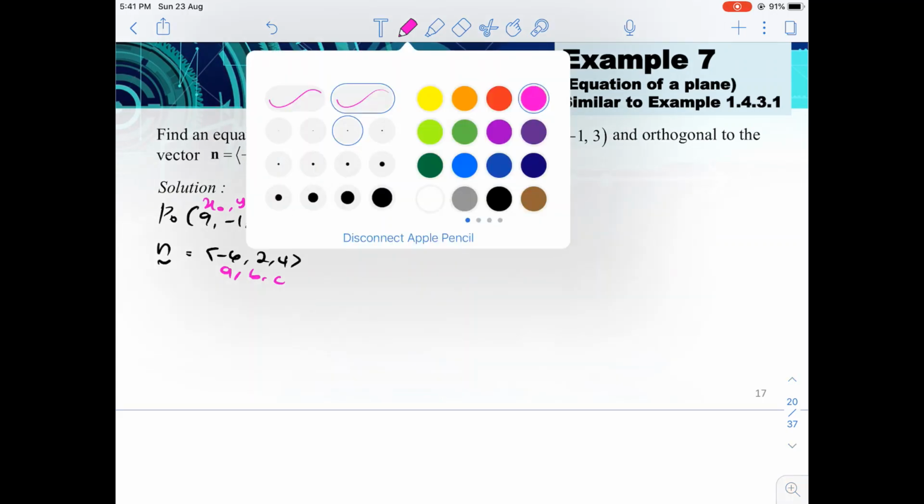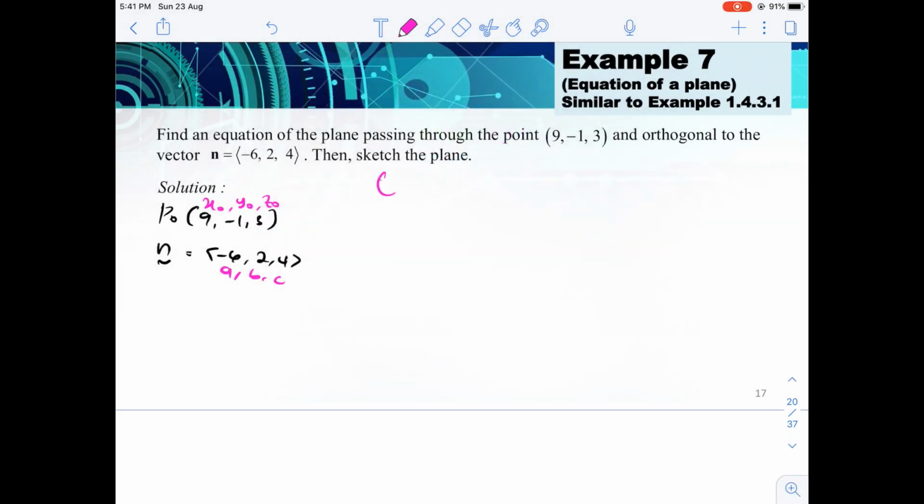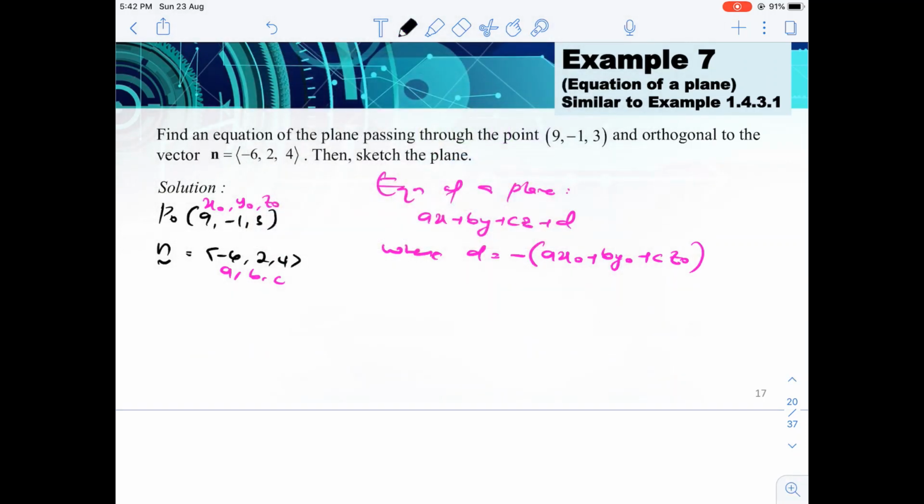So the formula for the equation of a plane is ax plus by plus cz plus d, where d is actually the negative of ax naught plus by naught plus cz naught. So now let us substitute all the values into the formula.